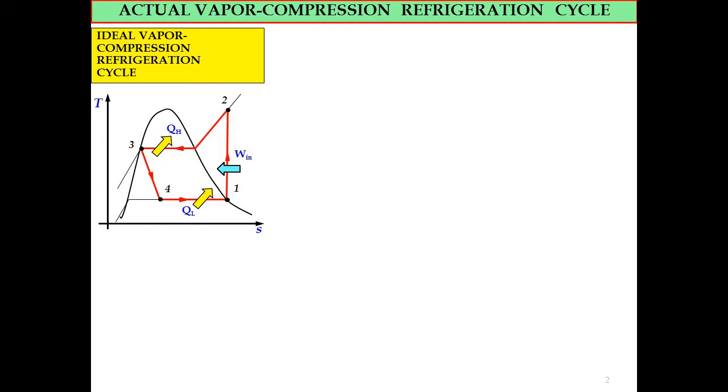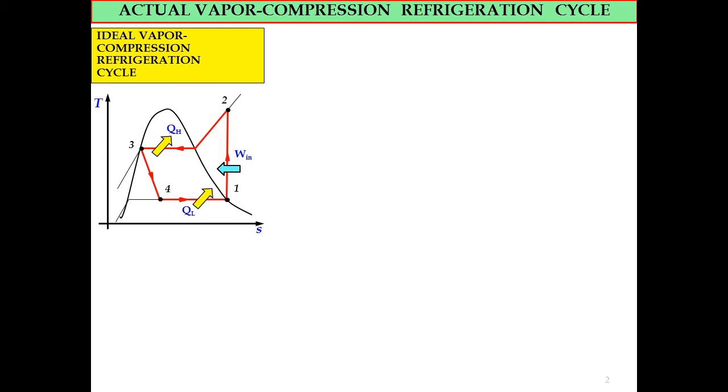The second process is heat rejection at constant pressure, where P2 equals P3. In terms of phase, state 2 at the inlet of the condenser is superheated vapor, and at the outlet of the condenser the phase is saturated liquid.